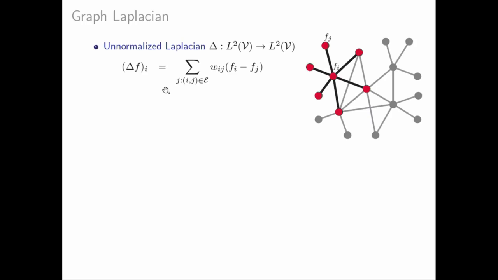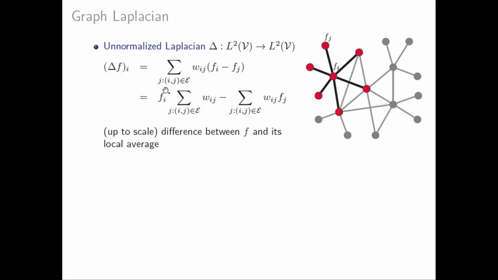The Laplacian is just an operator that is linear, that is going to map a given function f into the Laplacian of f, which is essentially the difference between the function and its local average. So you look at the function, you take a weighted average at every node using the weights of the neighbors, and then you remove the average.